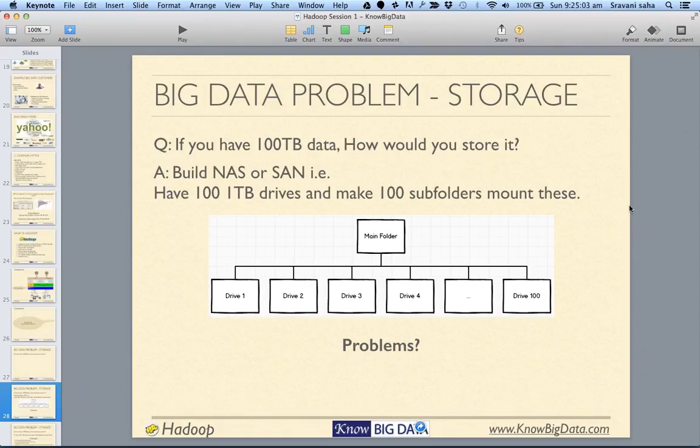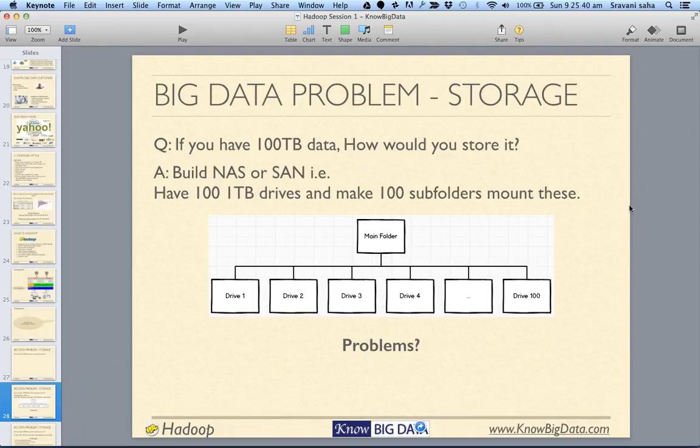We bought 100 hard disks, each of 1 terabyte, and attached them to multiple computers. After you have attached them, you mounted them in a network, meaning you made it possible for other people to access these hard disks via network.